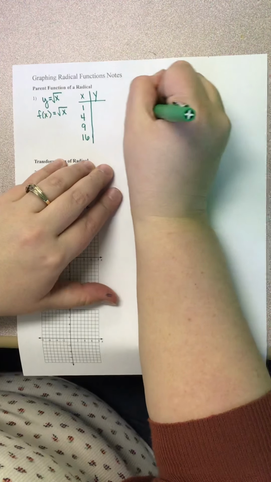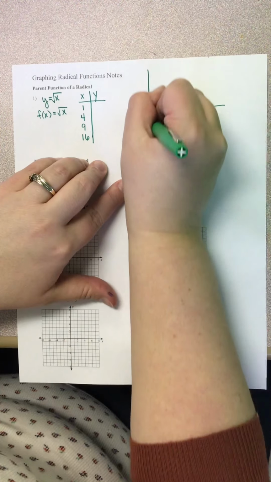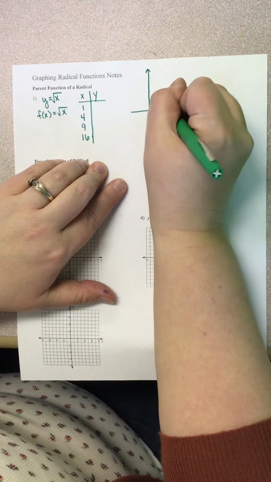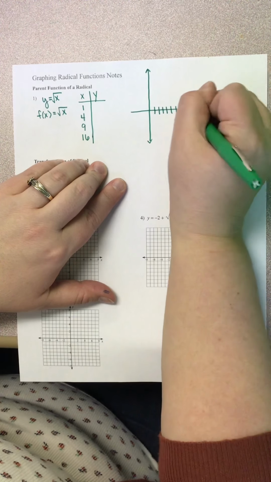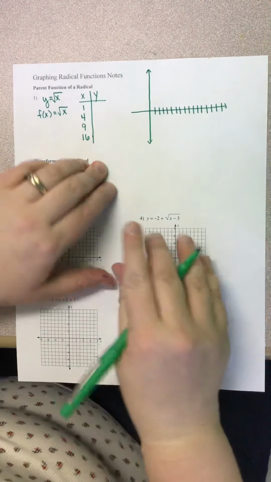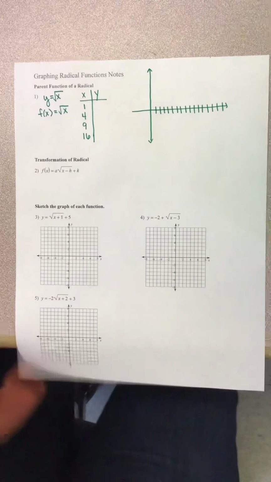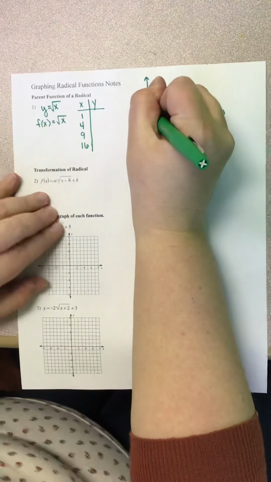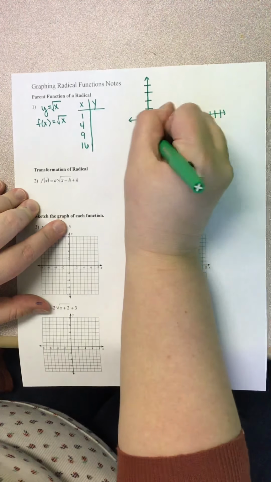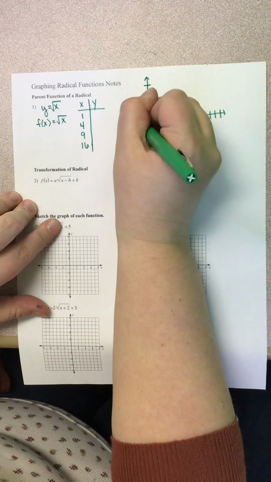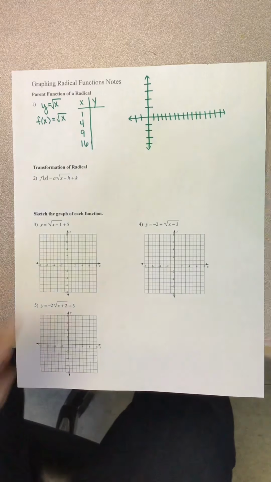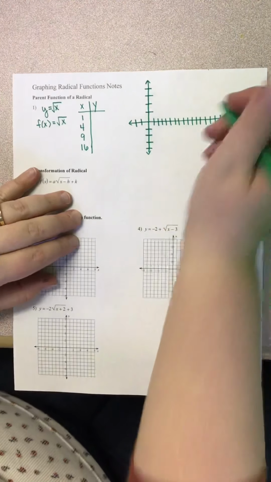And then I'm going to make a very long table or graph with 1, 2, 3, 4, 5, 6, 7, 8, 9, 10, 11, 12, 14, 15, 16, because my graph goes out to 16. And I only need to go up 4, and you're going to see that, but I'll just go down 4 as well, just like that. So that's my initial graph. It might be a good time to pause and write that down if you haven't yet.